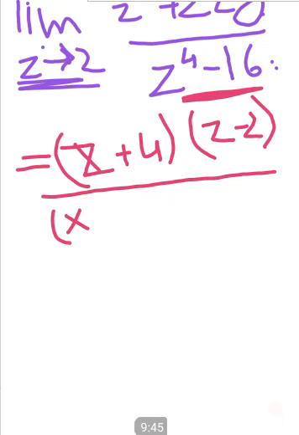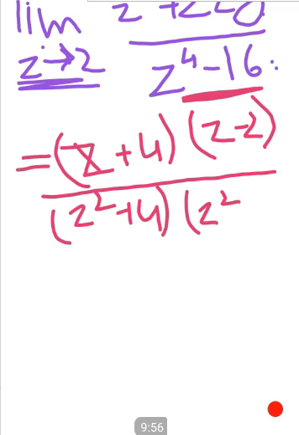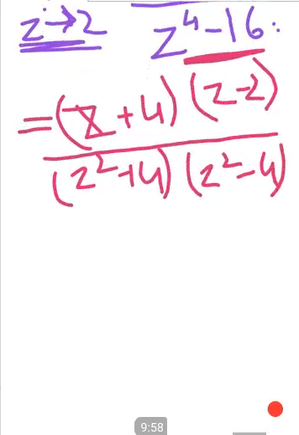So write this as z square plus 4, z square minus 4.